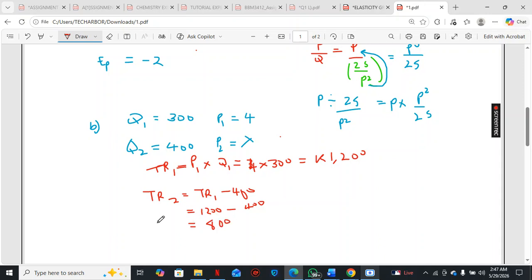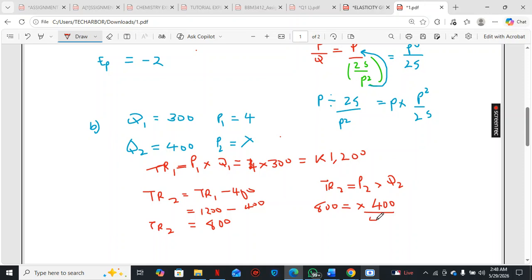All right. So since we have our new total revenue, we can now get our new price. Remember, TR2 equals P2 multiplied by Q2. Our new total revenue, 800 kwacha, equals P2 X, Q2 400 units.